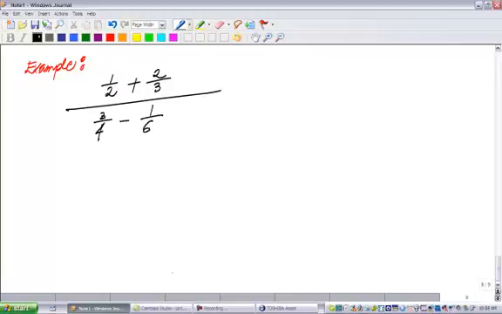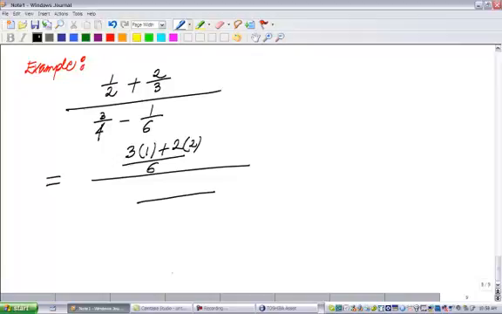So what should I do? I should first simplify the numerator, simplify the denominator, right? Okay. What do I get when I add 1/2 and a 2/3? What's the common denominator? 6. And then I'm going to add 3 times 1 plus 2 times 2, right? That whole thing would be divided by, what's the common denominator here? 12. 12 divided by 4 is 3.